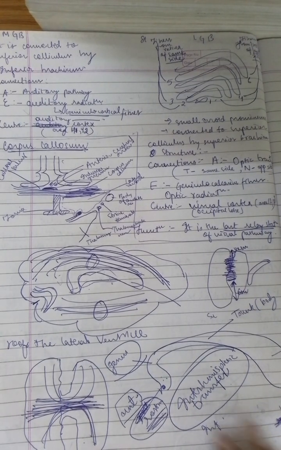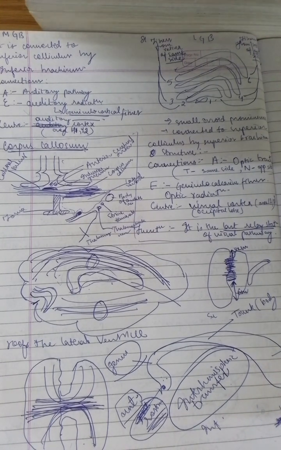In that, either the corpus callosum is absent or it is injured, so the person has two personalities because both the cortexes are not coordinating with each other. That can be asked as the clinical correlation.